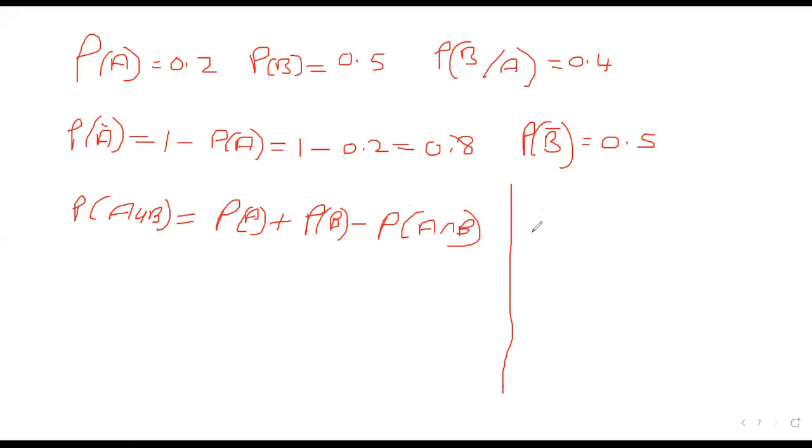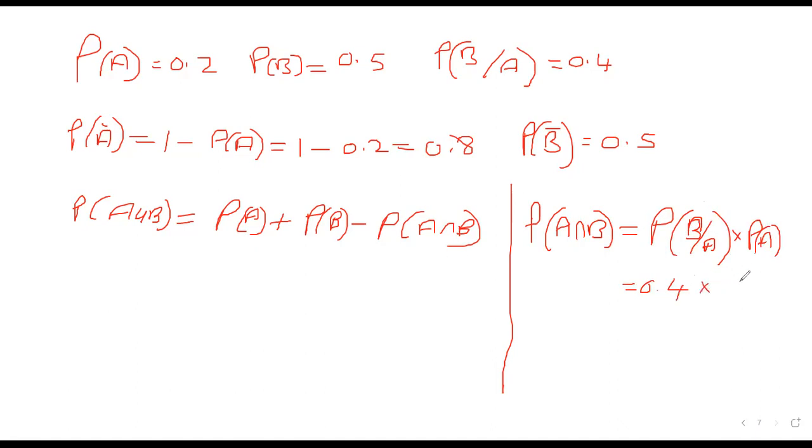Okay, how do you find the intersection? What is A intersection B? B given A times what? Times P of A. And what did we find here? 0.4 times 0.2, which gave us 0.08.